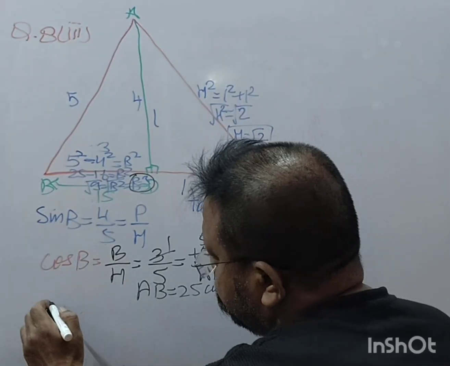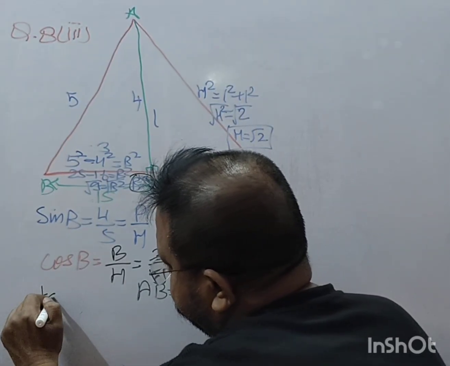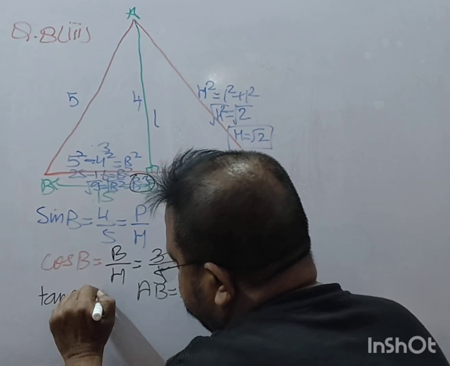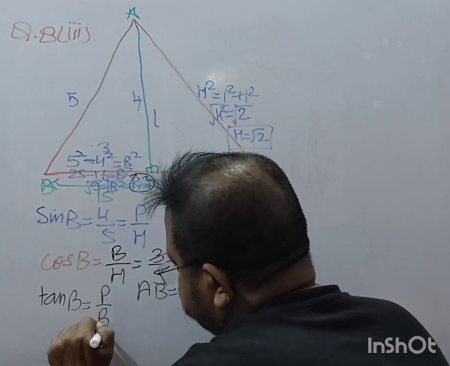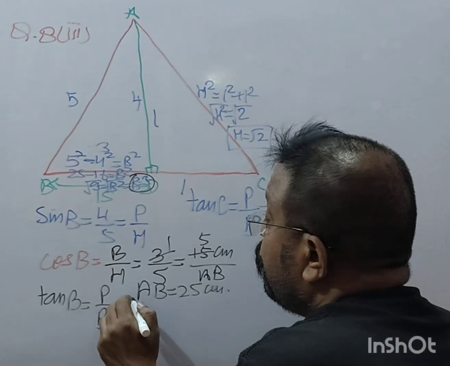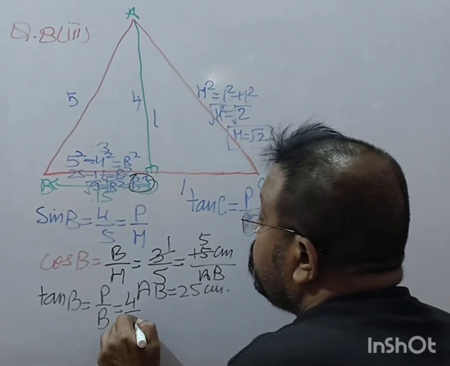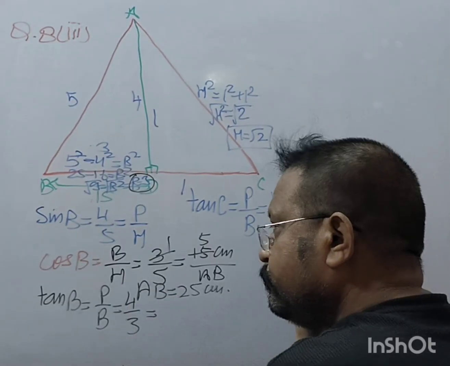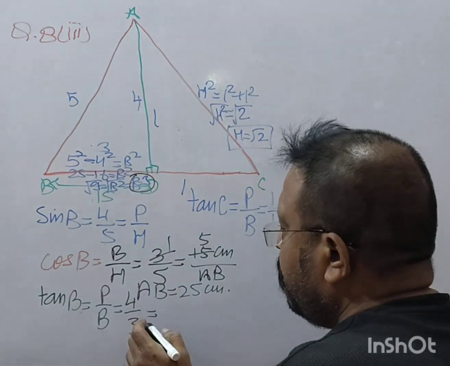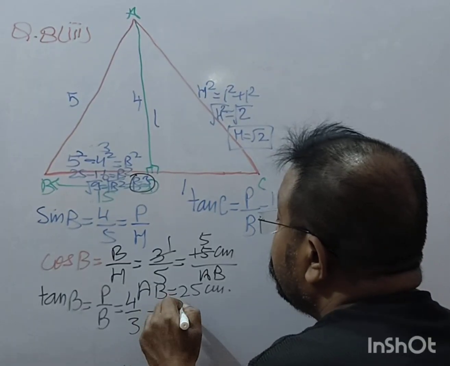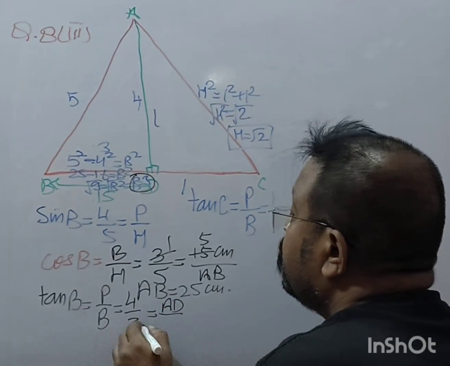Now tan B, if you take tan B, then it is perpendicular upon base. And perpendicular is 4 upon 3 is equal to upon AD upon, this is how much?